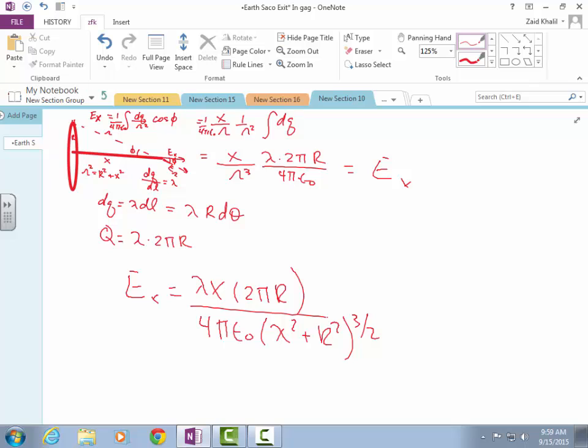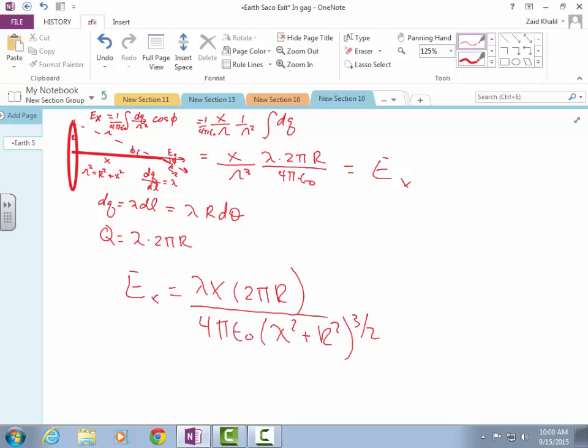Does that agree with that? Yes or no? x is 0, r is constant. You put x equals 0, and you get 0 times some other number, whatever that number is. So that's reasonable.